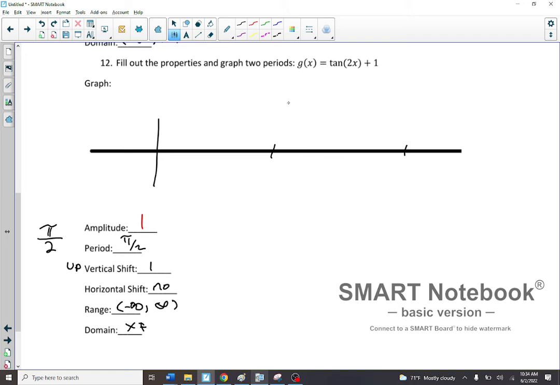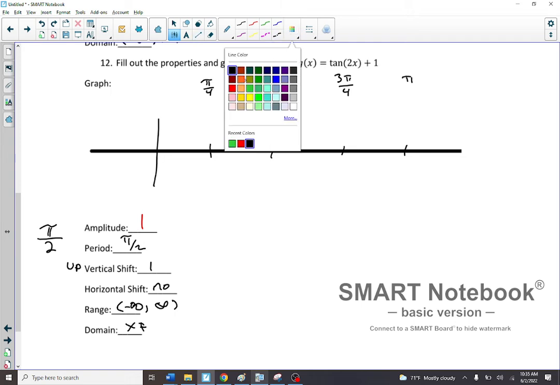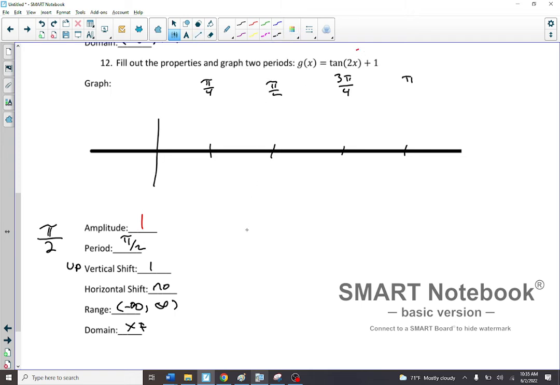So let's graph it and then we'll talk about the domain. So tangent, 2x over 2. So my period is pi over 2. And then that will be a pi, that's 2 periods. And then we only need a half point here. So we go pi over 4, and this would be 3 pi over 4. All right. At your period starts, we're going to make an asymptote here, and not there, and here.